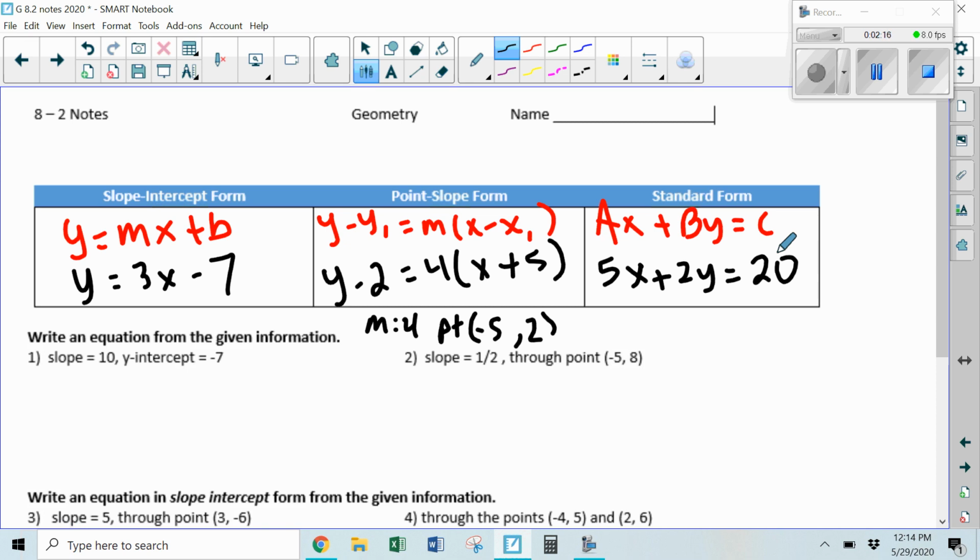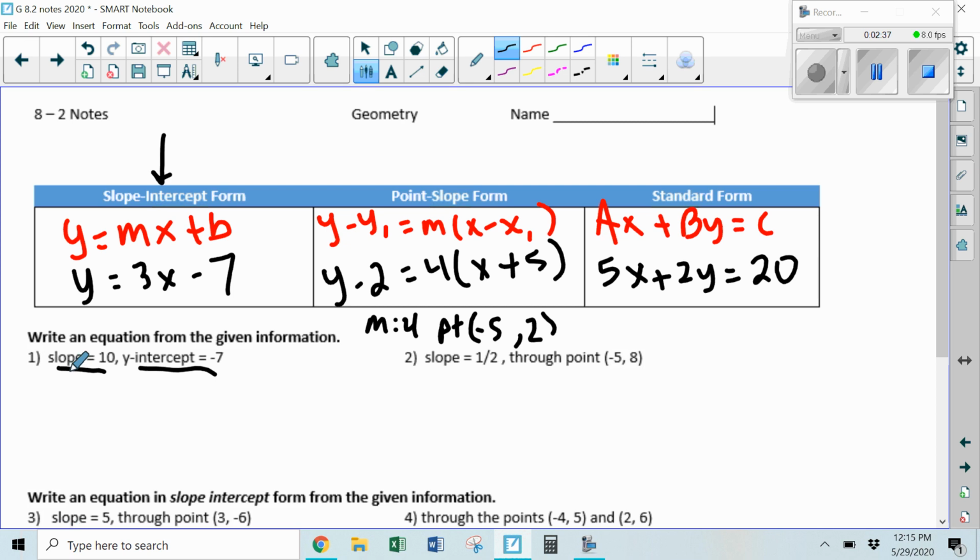Number 1, write an equation from the given information. So any of these 3 that we just talked about are equations. If it doesn't tell you which form you have to be in, you get to pick. So for number 1, if they tell me the slope and the y-intercept, I'm definitely going to pick slope-intercept.